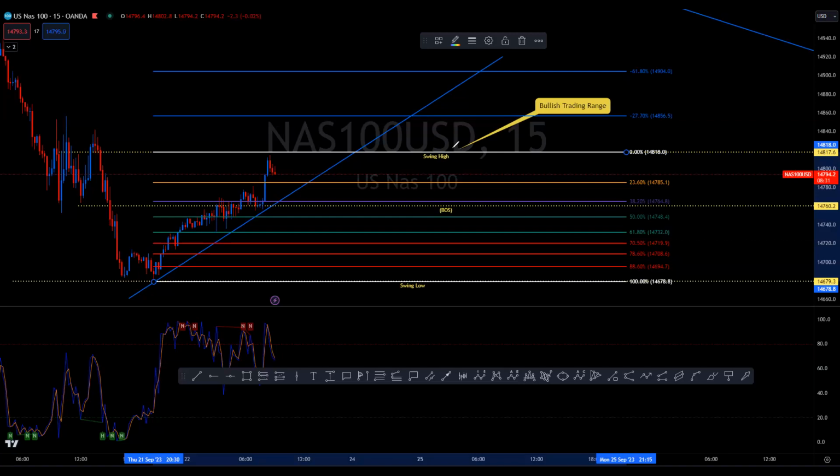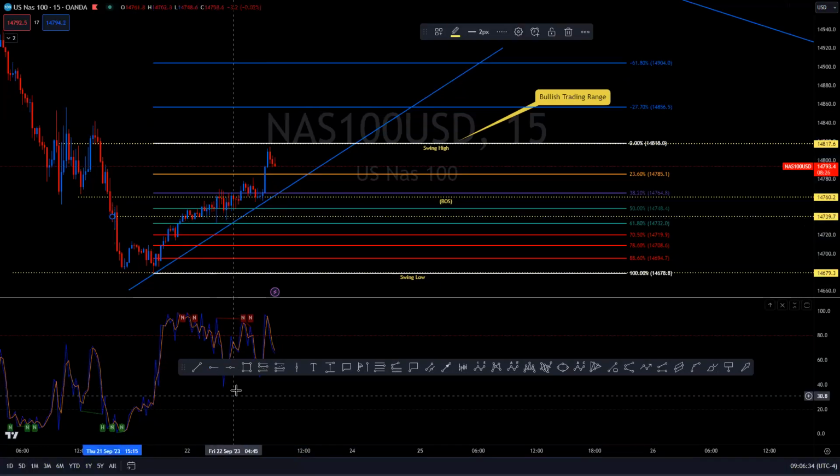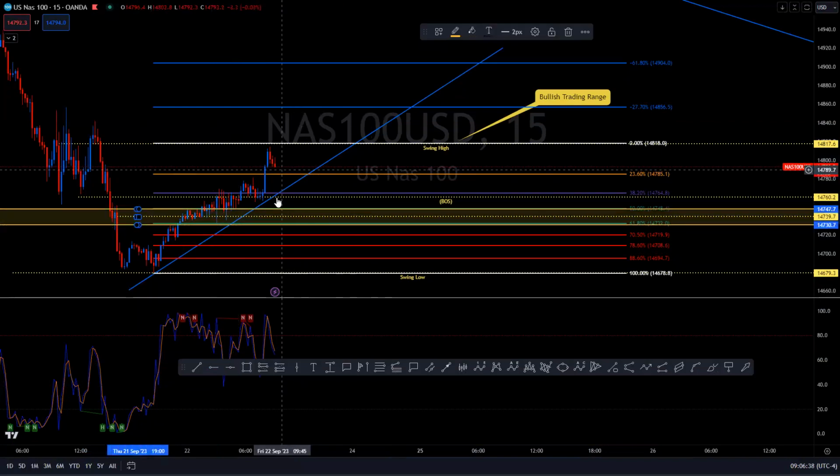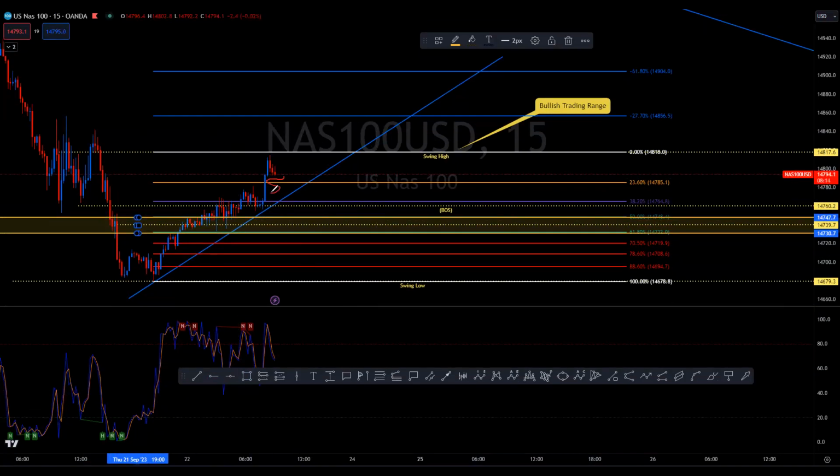But I'm still going to mark it at 50%, just in case price does a hard pullback and comes down to here and then goes up. That gives me a little leg room to figure out how far price will pull back. So anywhere in this area and then go up. So that's what I'm going to draw.